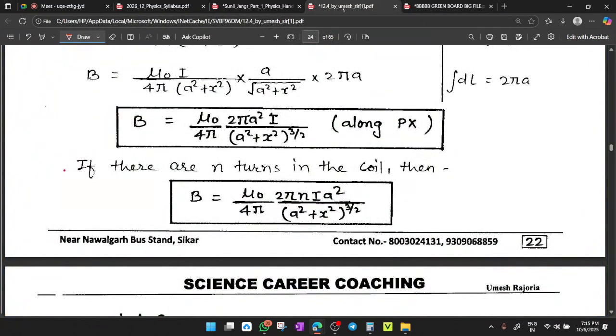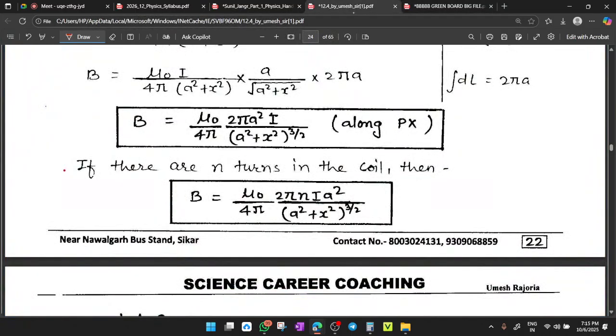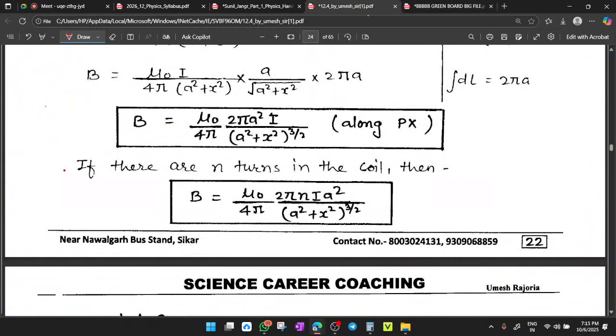B on the axis equals mu naught upon 4 pi, 2 pi n I a square, divided by x square plus a square whole to the power 3 by 2. Correct? We have this relation.